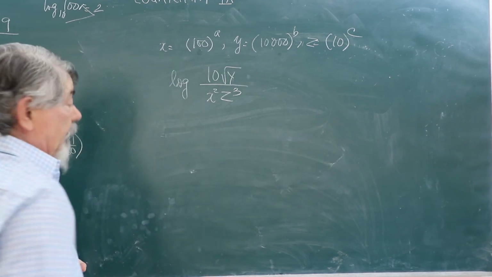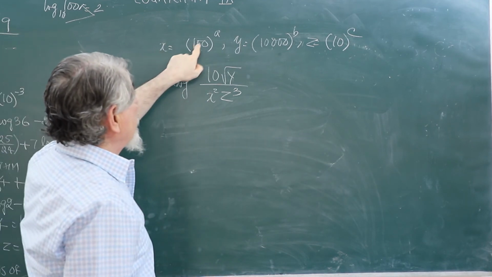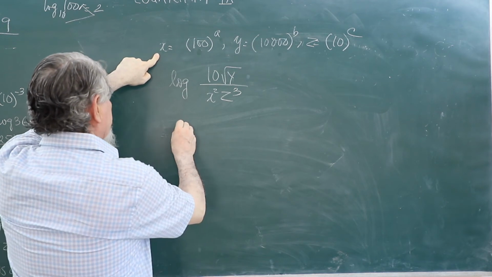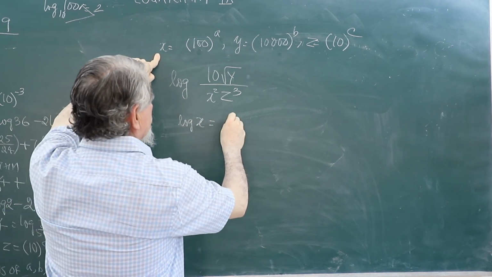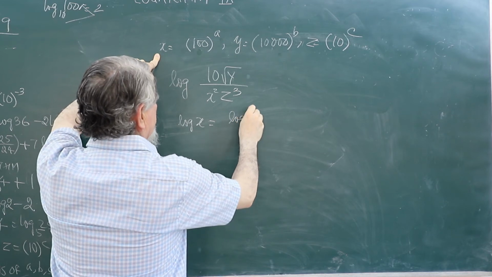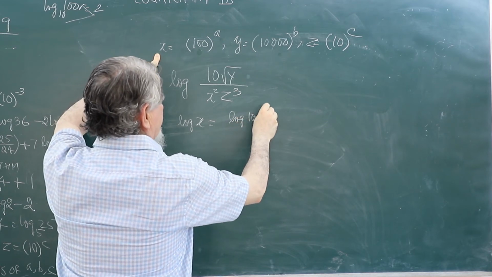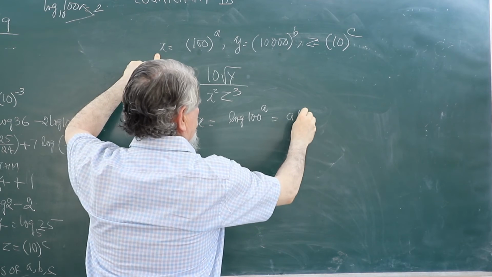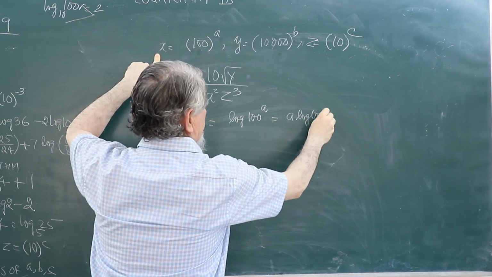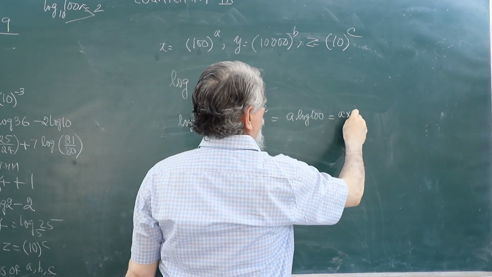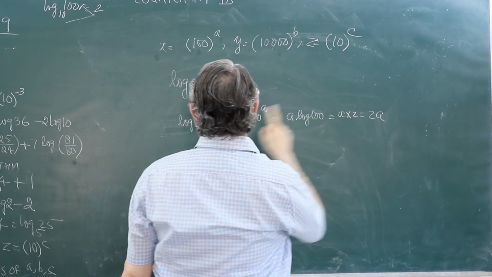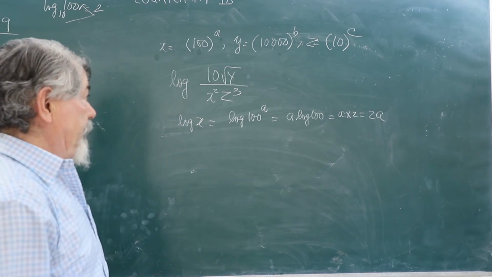That is, x is given as 100 to the power a, so log x will be equal to what? Log 100 to the power a, or a log 100. And a log 100 is a into 2, which is 2a. So log x is 2a.